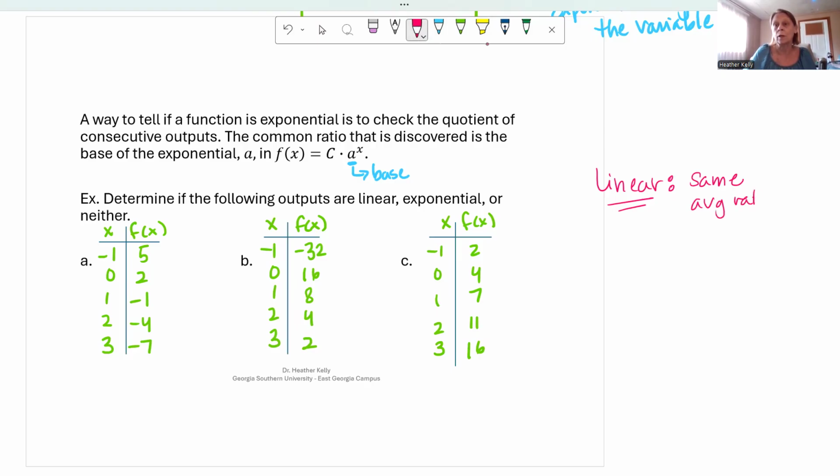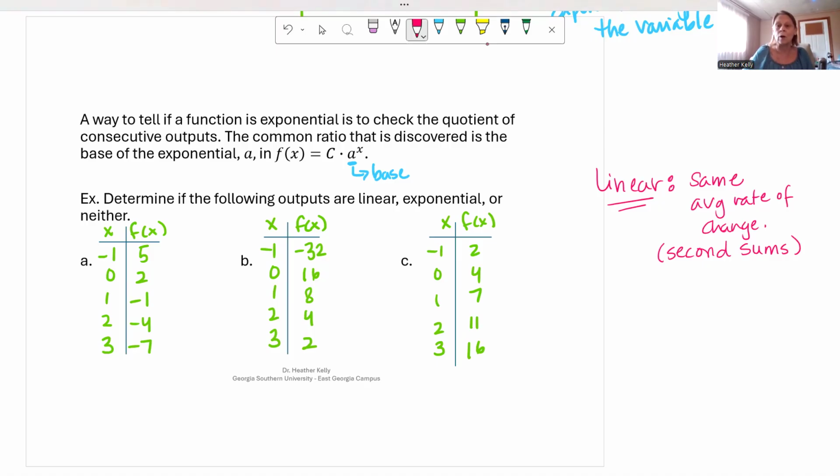Now, there's a quick way to check that, and that's looking at the second sums. I talked to you about that when we did the average rate of change, when we did the linear functions a while ago.